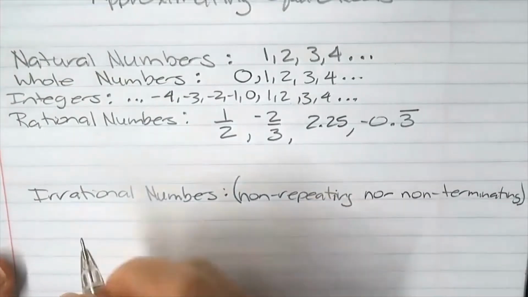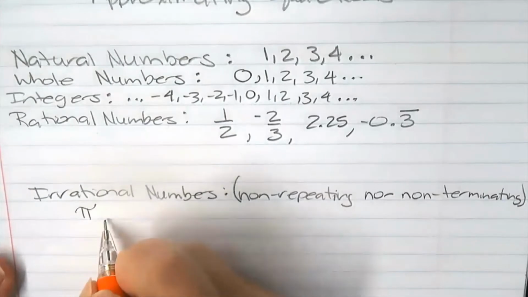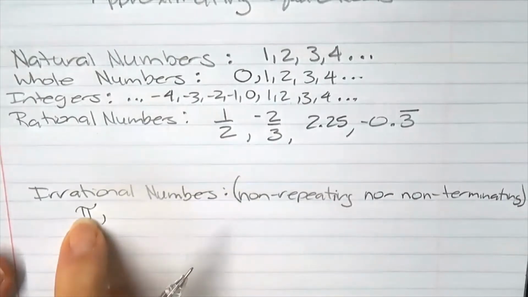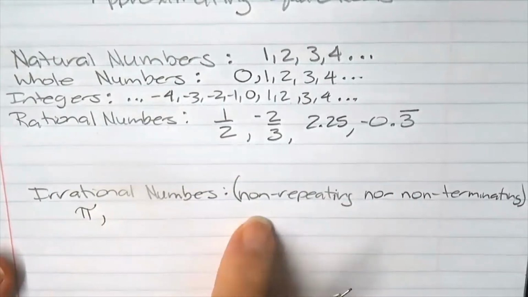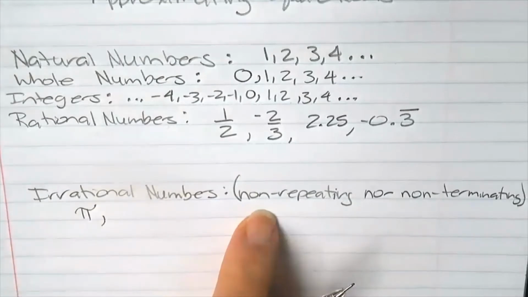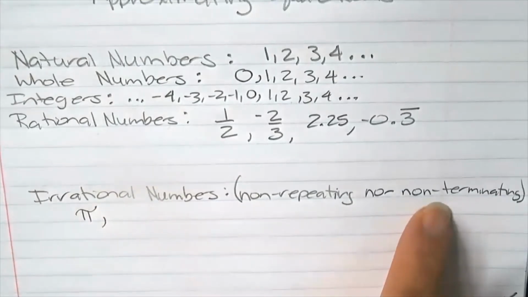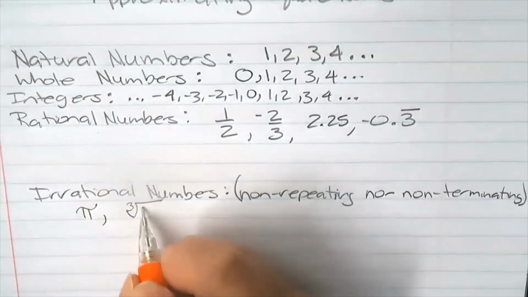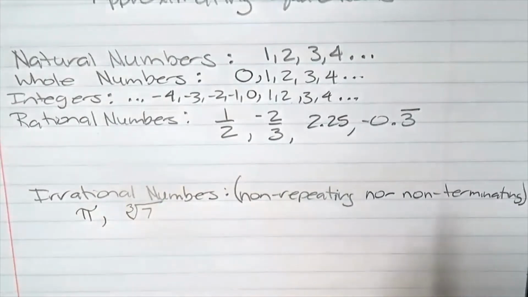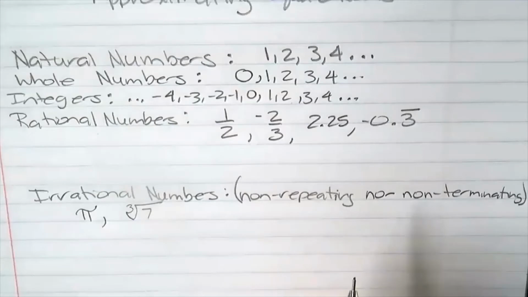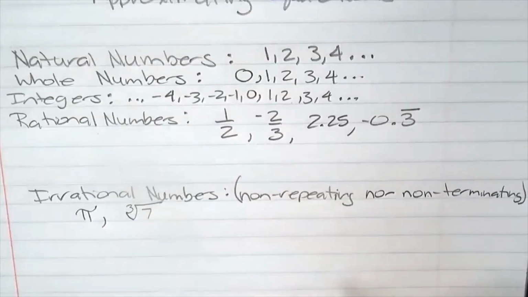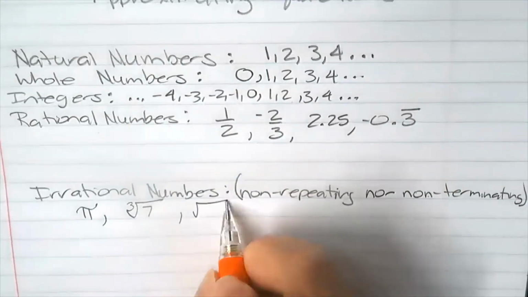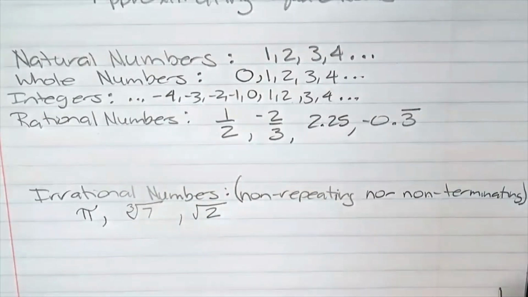What are some examples? Pi. Pi is a decimal. It does not have any repeating sequences, and as far as we can tell, it never terminates. The cube root of 7. Same thing, non-repeating, non-terminating. The square root of 2.